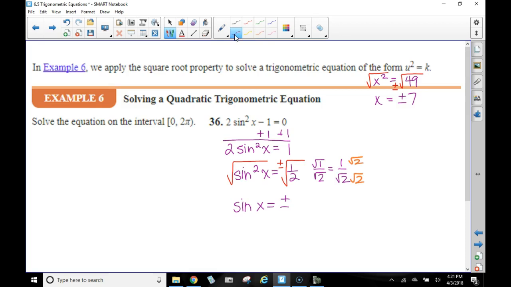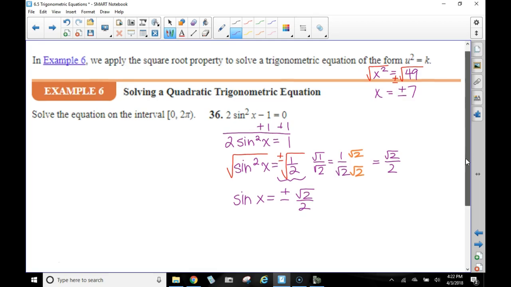And so actually, we're going to end up getting square root of 2 over 2. So this plus and minus square root of 1/2 all simplifies to both positive and negative square root of 2 over 2.